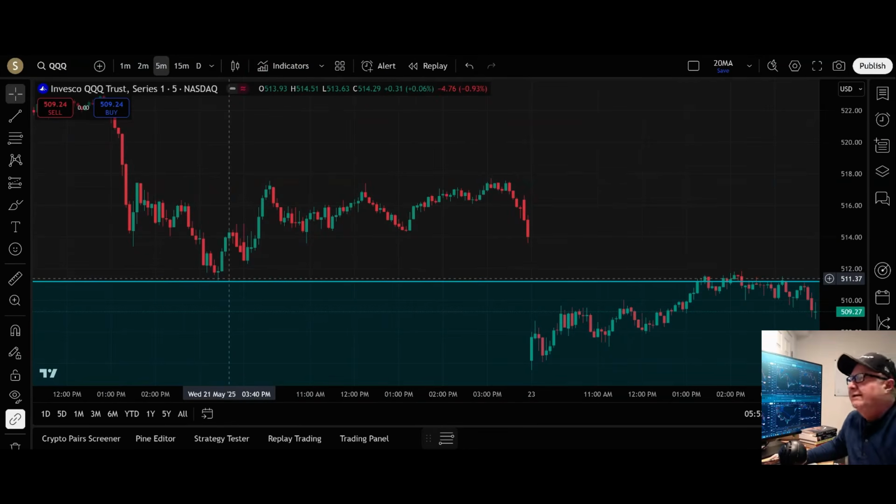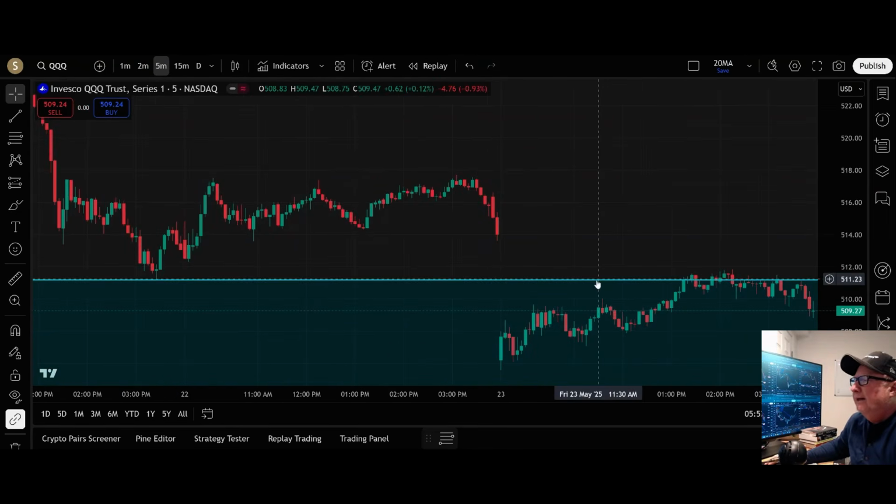Again, I don't expect that we go to that number to the penny. But if I'm looking for an area, a target that I think we can get to, that would be the target on Friday. If I'm looking to play long, I don't expect that we get a long way through 511. It was also obviously support over here, so it becomes resistance on Friday.